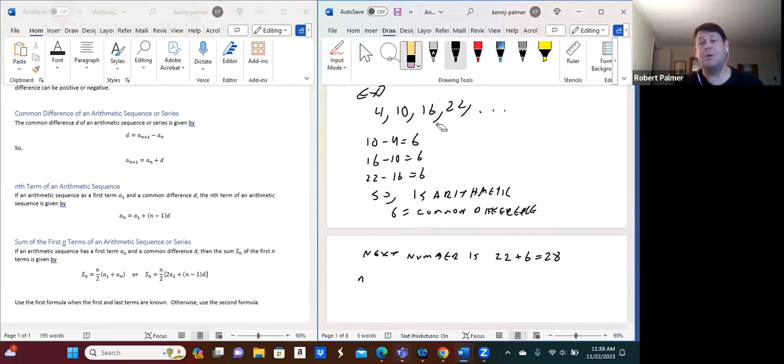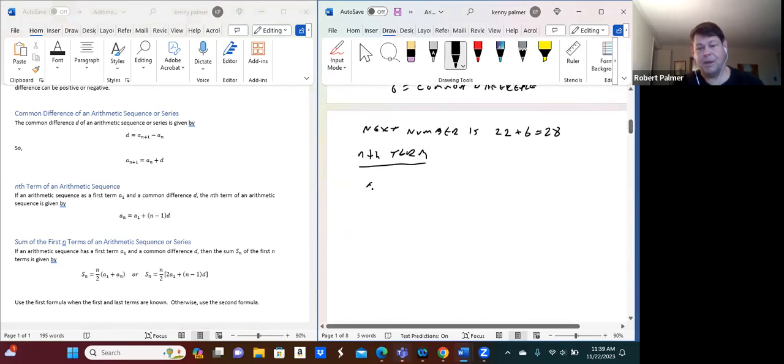Where n is just some general number, so the nth term is going to be, from the formula, a_n is equal to a_1 plus n minus 1 times d.